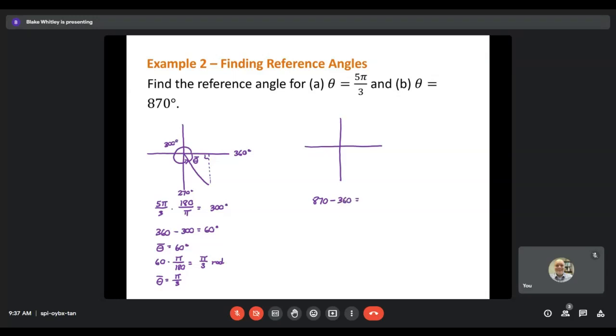So if we do 870 minus 360, that should give us 510 degrees. Still more than a full revolution, so I'm going to go again. 510 minus 360, and that should give us 150 degrees.